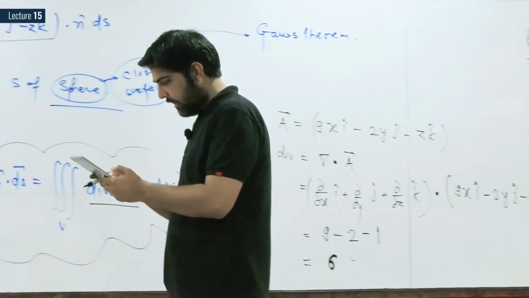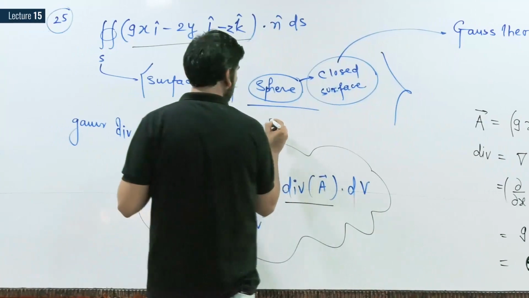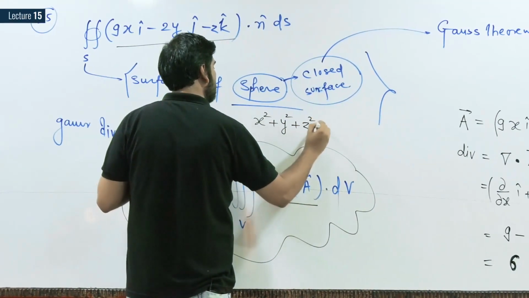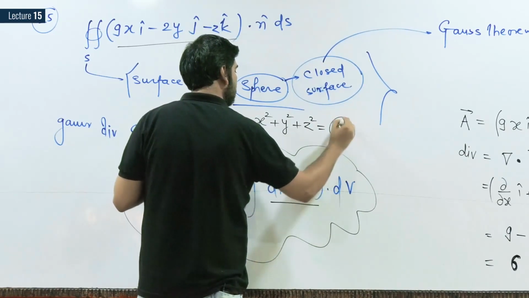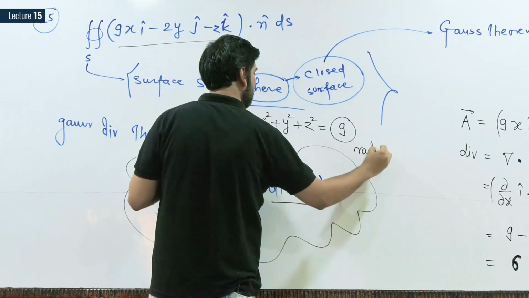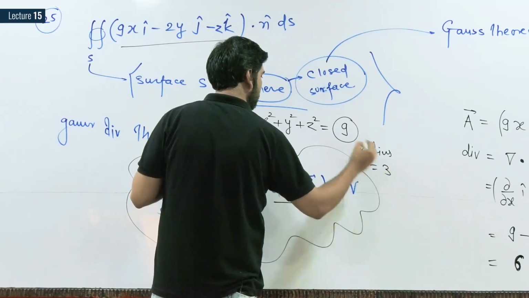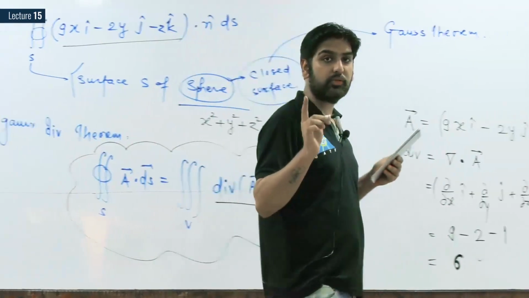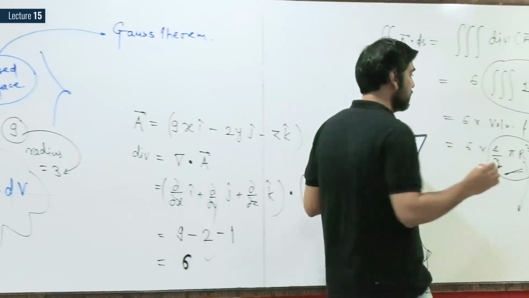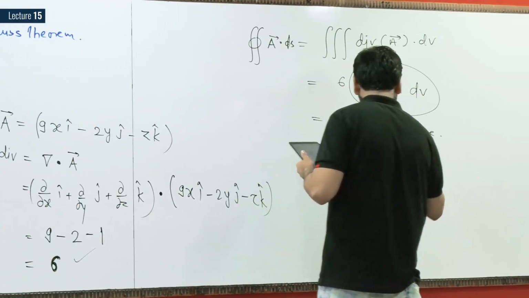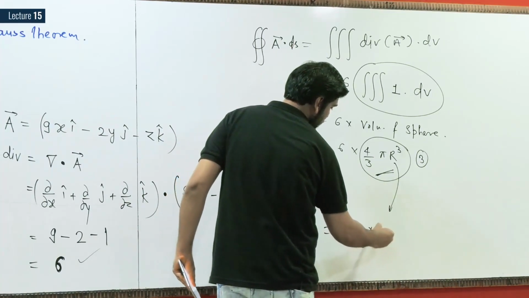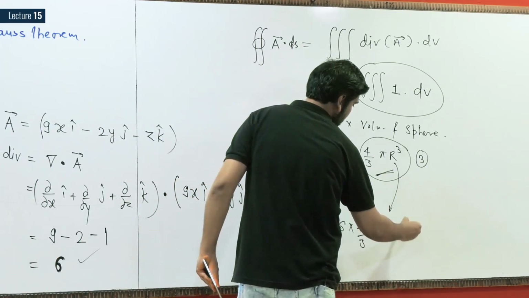The sphere is x square plus y square plus z square is equal to 9. That means the radius is equal to 3, because 9 is 3 square. So x square plus y square plus z square is equal to r square, so here r is equal to 3, my dear students. So I have 6 into 4 by 3 into pi into 3 power 3.